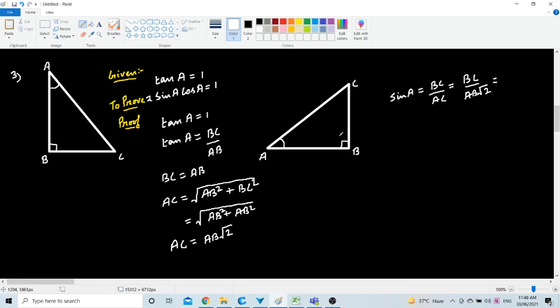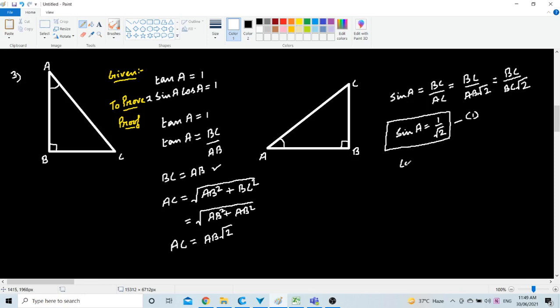As you have already seen that this BC is equal to AB, so we can write it as BC upon BC root 2, and this BC in numerator and denominator can be cancelled out. So sine A will be equal to 1 upon root 2. Alright, this is the first equation.